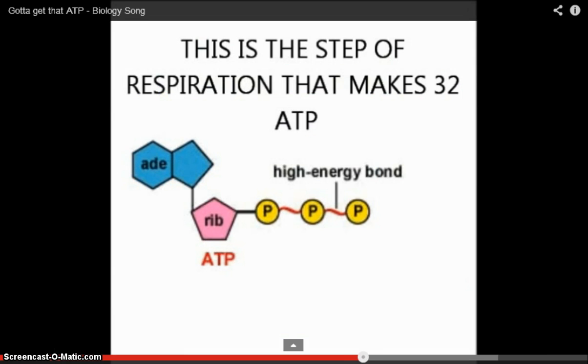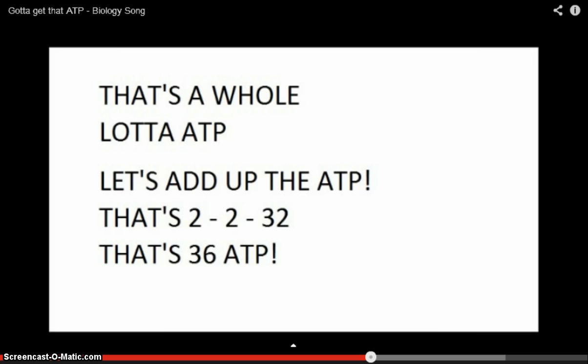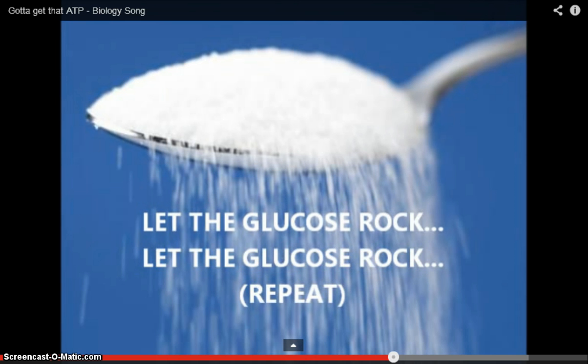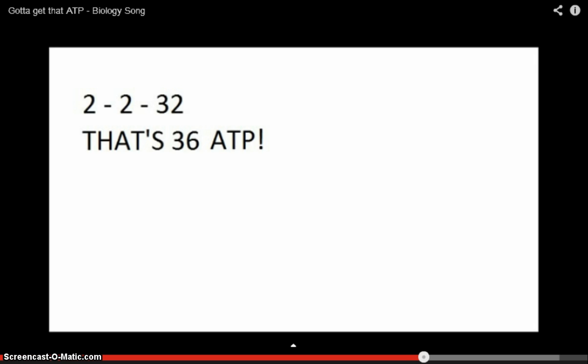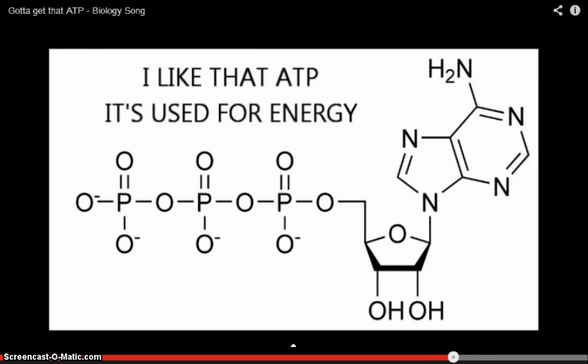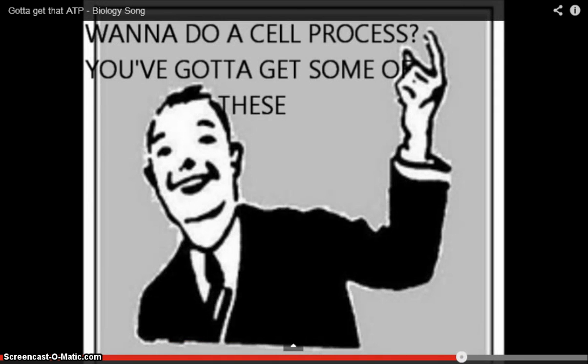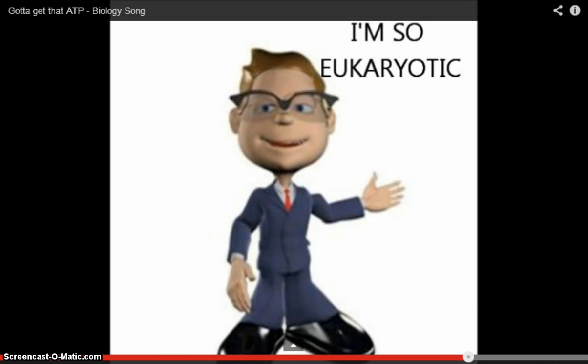We're making lots of energy. This is a step of respiration that makes 32 ATP. That's a whole lot of ATP. Let's add up the ATP. That's 2 to 32. That's 36 ATP. Let the glucose rock. I like that ATP. It's used for energy. I'm so eukaryotic.